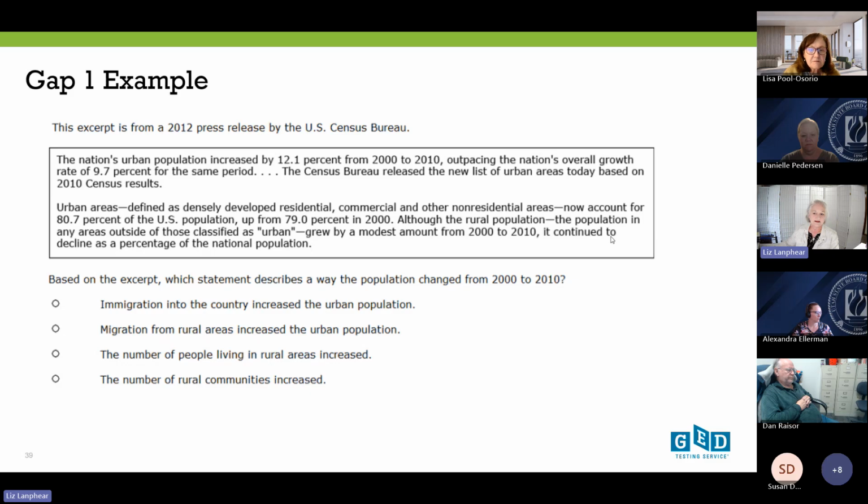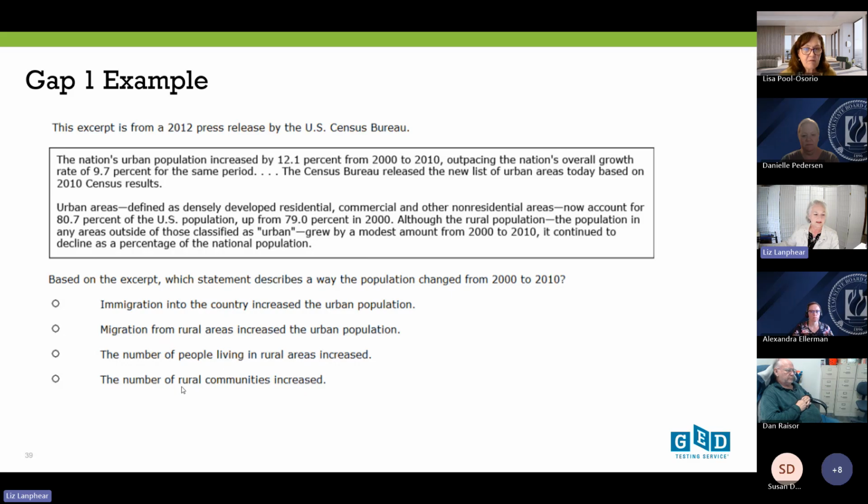And even though it's got this continuation here that it declined as a percentage of the national population, that could throw you off. But that was the answer, because this is the only one that was actually mentioned in the text.